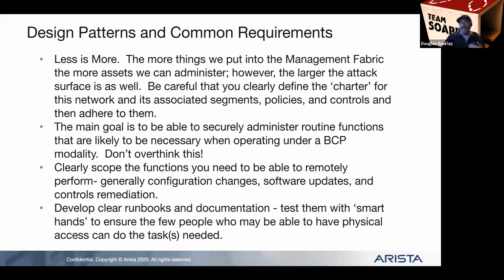What are the things that I need to do in a one, two, three, six month window where I might have physical access reduced or compromised? Am I going to do a colossal network refresh and upgrade? Probably not. Am I going to have to upgrade software versions on critical infrastructure to mitigate known vulnerabilities? Yeah, I probably will. And so let's plan for the things we know we're going to have to do.